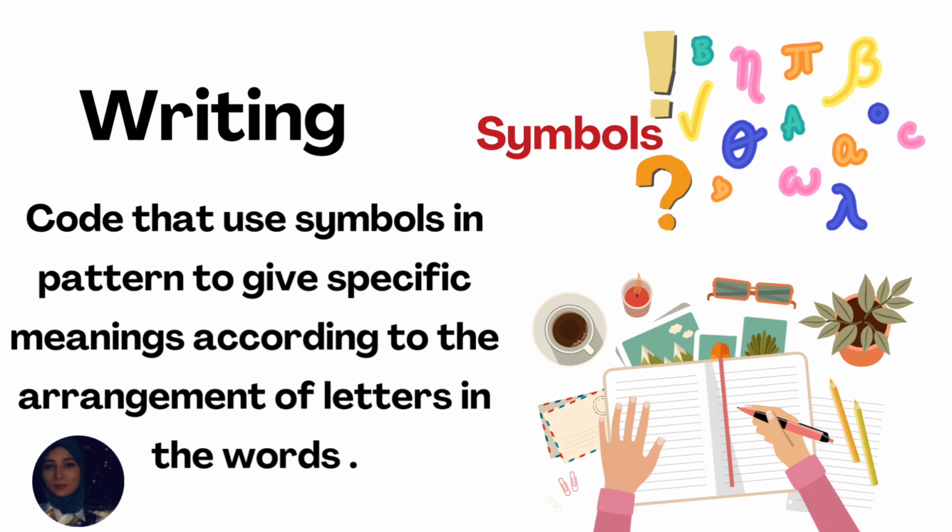So writing is codes that use symbols in a pattern to give specific meaning, according to the arrangement of letters in the words. We form words by using letters in a specific arrangement. This is writing, and this is a code that helps us to transfer information.